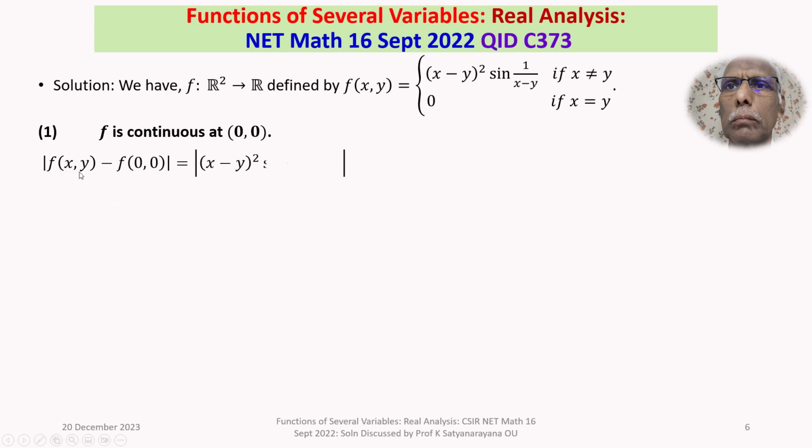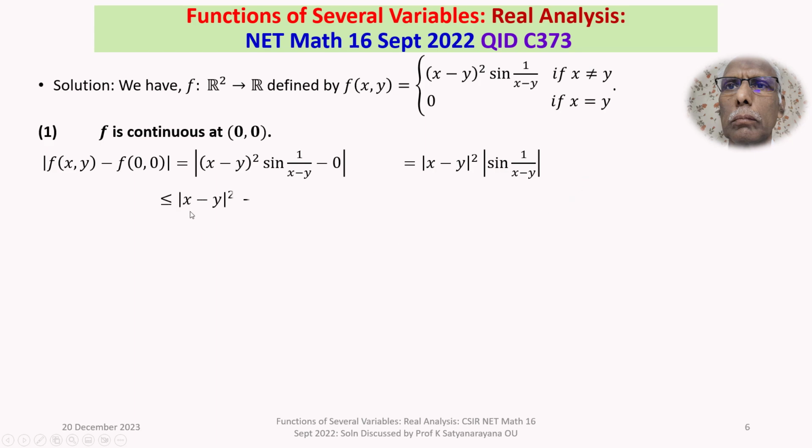Mod of f of (x, y) minus f of (0, 0) is equal to mod of (x minus y) square into sine of 1 by (x minus y), since f of (0, 0) is 0. That is equal to mod of (x minus y) square into mod of sine of 1 by (x minus y).